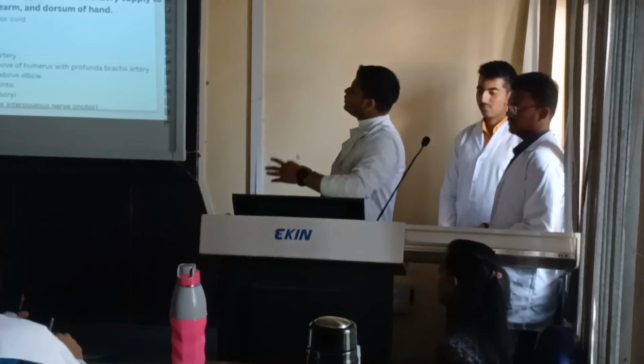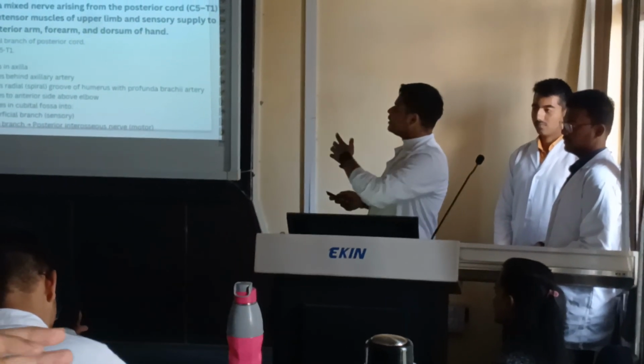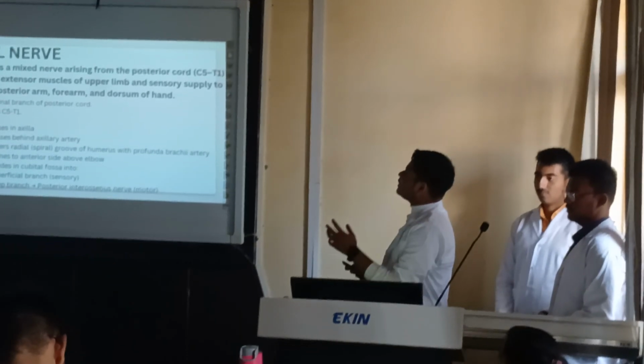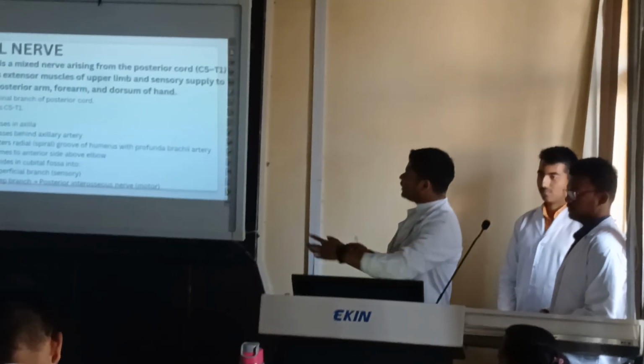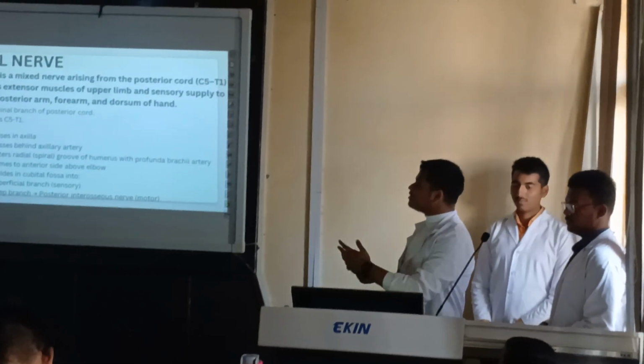Now the radial nerve. The radial nerve is a mixed nerve arising from the posterior cord, from C5 to T1, that supplies extensor muscles of the upper limb and sensory supply to the posterior arm, forearm and dorsum of the hand. Its origin is the terminal branch of the posterior cord, and its root value is C5 to T1.